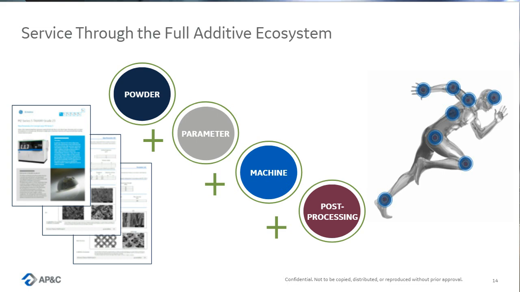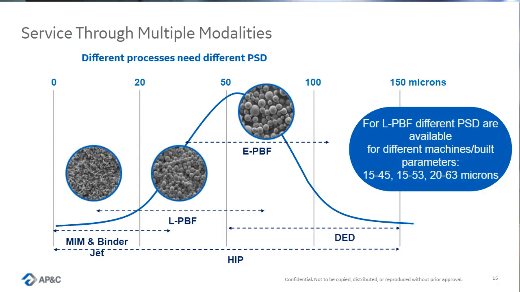Also, as I was saying, additive is not alone in the market, and there are a lot of ways to make parts. And that's why it becomes critical to have suppliers that can service you in the different modalities of powder metallurgies. So yes, there's LPBF, the laser powder bed fusion, and EPBF, the electron beam powder bed fusion.